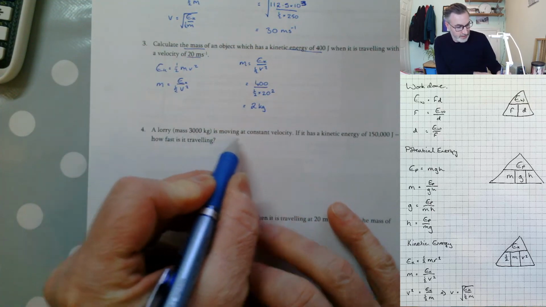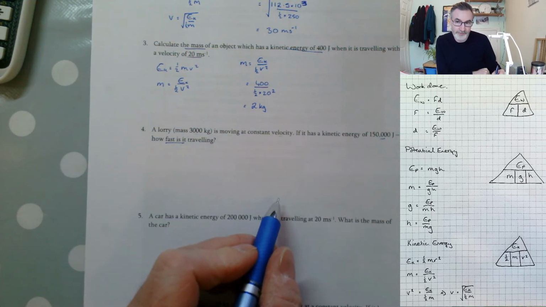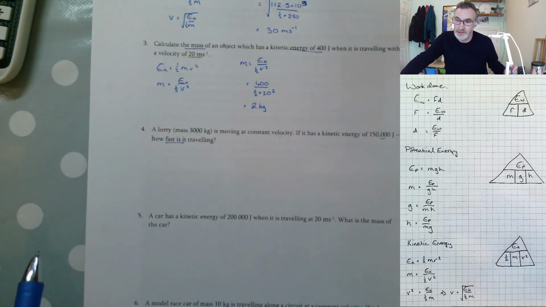So a lorry is moving at a constant velocity. It has kinetic energy of this. How fast is it traveling? Okay, so we can just use velocity, so v is the square root of EK over half m.